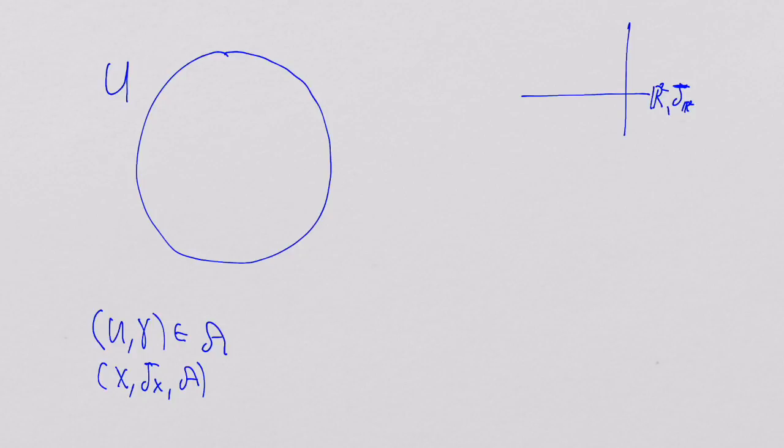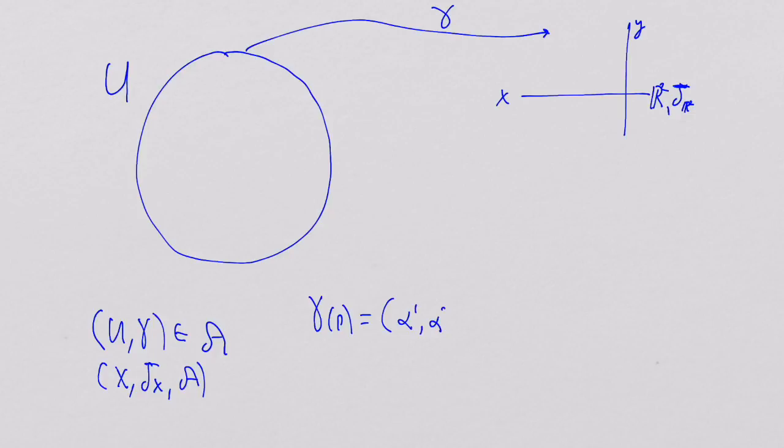So once we have this, we call this X and Y here, and we have our chart function gamma. Now I should think carefully a little bit about gamma. How is gamma constructed? Well, gamma of a point P is a D-tuple, which in this case I'm just calling AB because D equals 2.